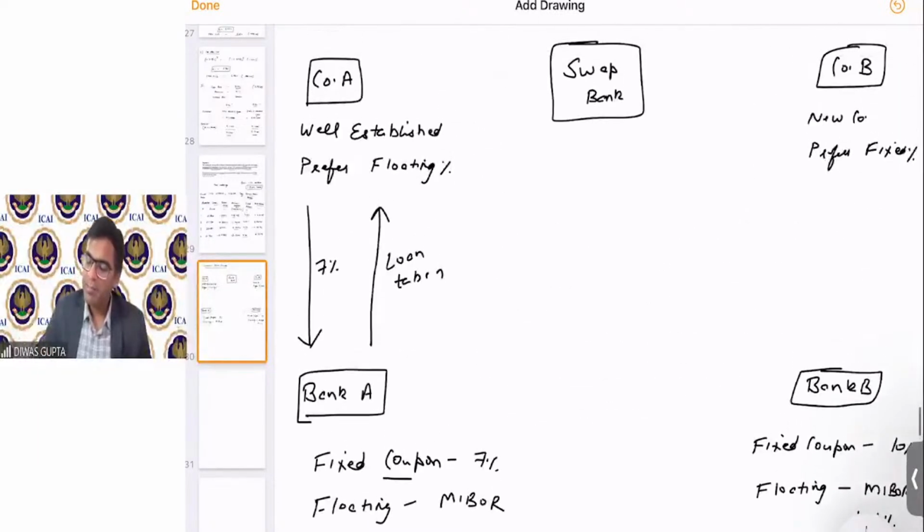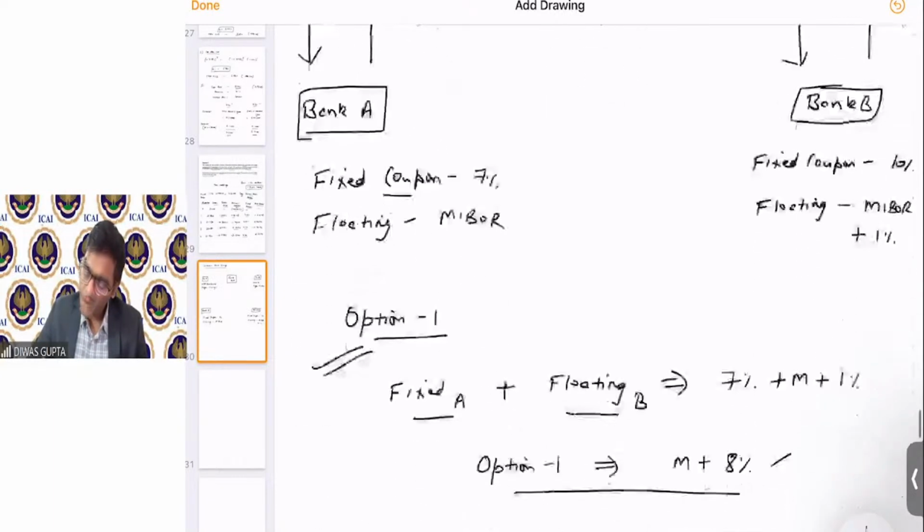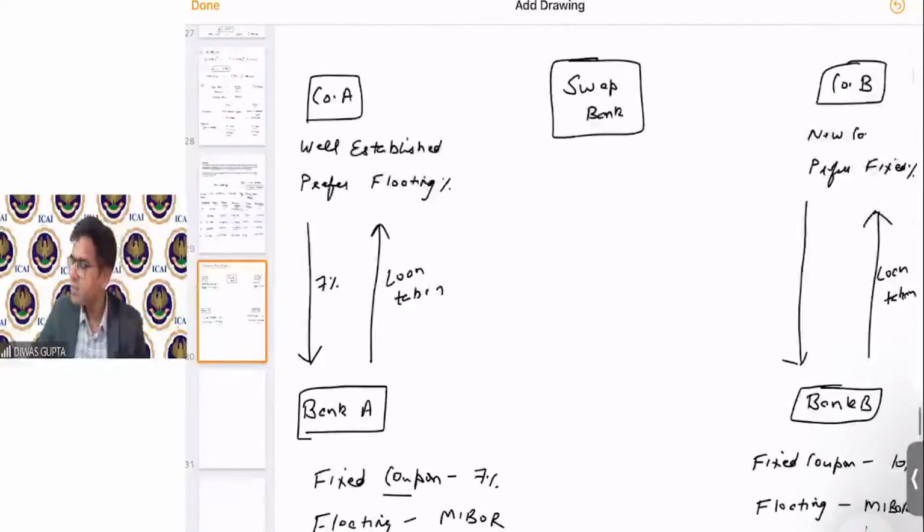And similarly, Swap Bank will instruct Company B to borrow in floating. So Bank B to Company B. Now here also the loan is taken and Company B will pay Bank B at the rate of floating, which is MIBOR plus 1%. Correct? MIBOR plus 1% will be paid.